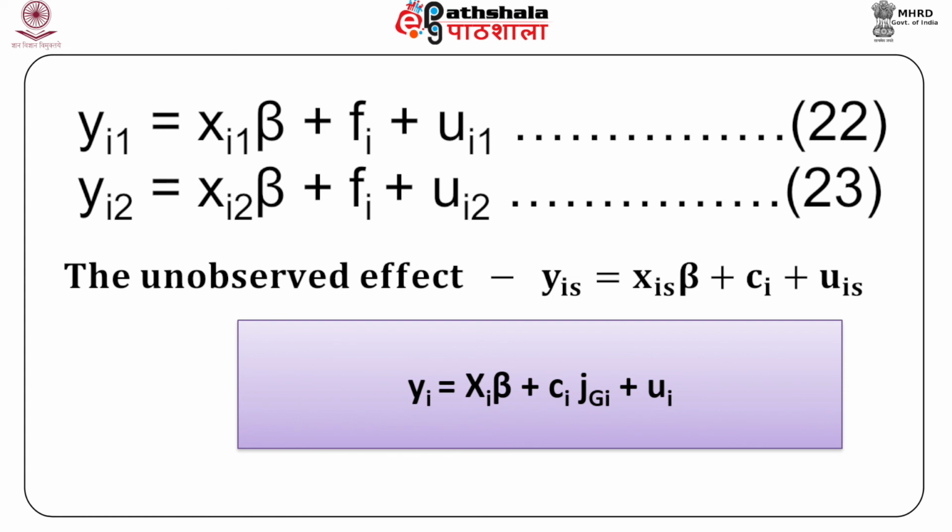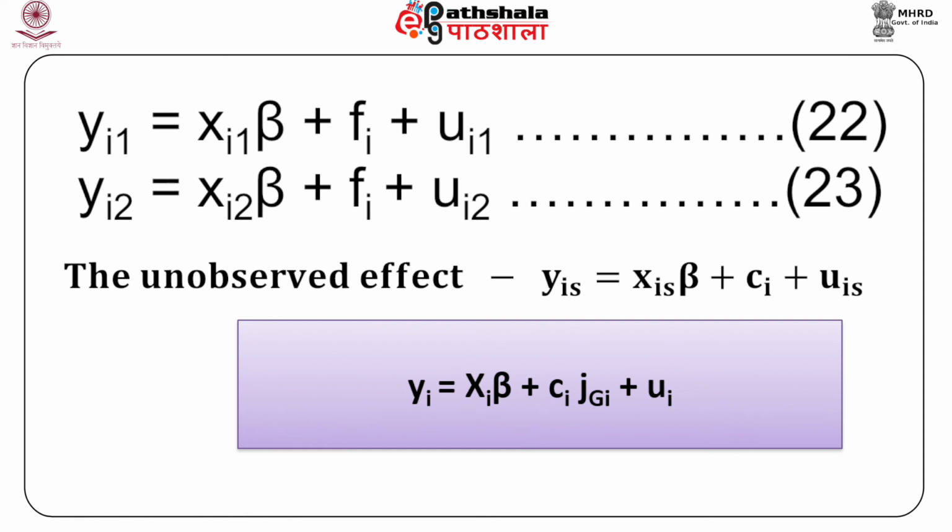A cluster sample is typically a cross-section on individuals like families, firms, etc., where each individual is part of a cluster. Observations within a cluster are thought to be correlated as a result of an unobserved cluster effect. The unobserved effects model can then be represented as y_is equal to x_is beta plus c_i plus u_is.